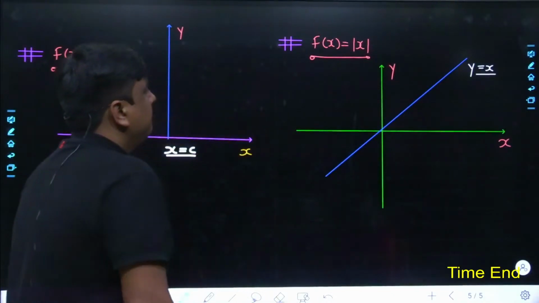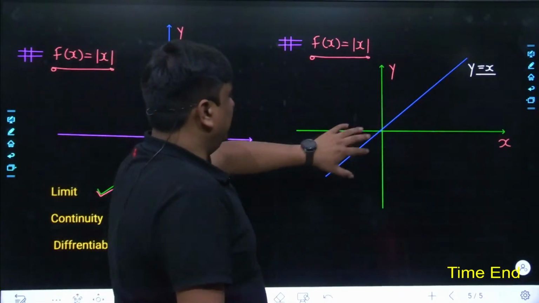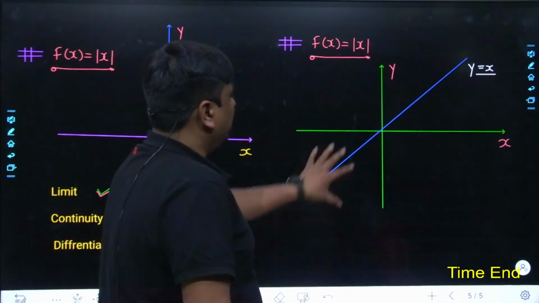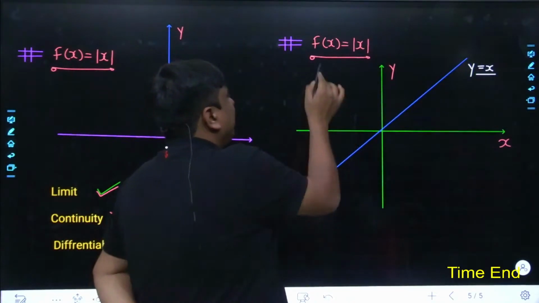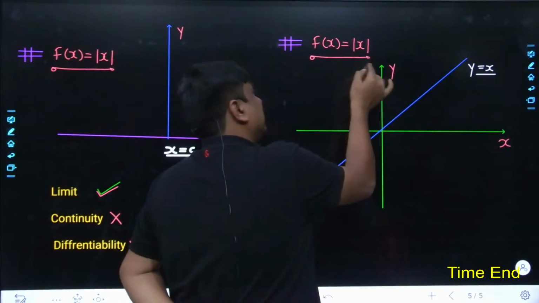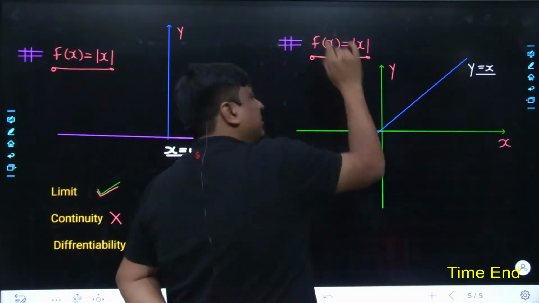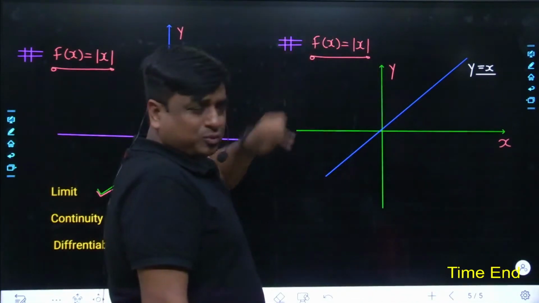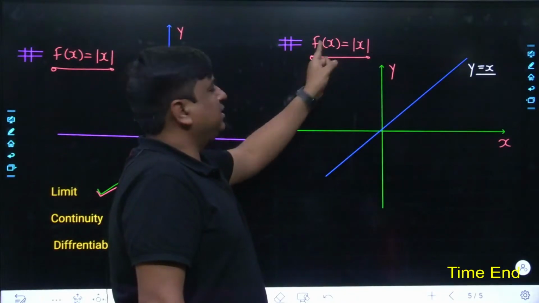Agreed, sir. But towards the left-hand side of the x-axis, that is, towards the negative values of x, the value of y is negative. And as y is the modulo of x, x could be negative, but y can't be negative at any cost. Even if x is minus 2, y has to be plus 2. If x is minus 3, it has to be plus 3.